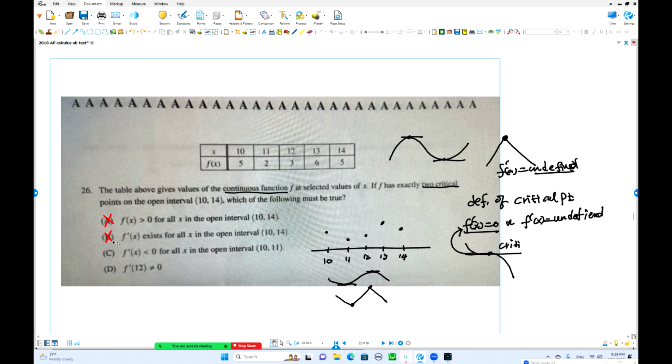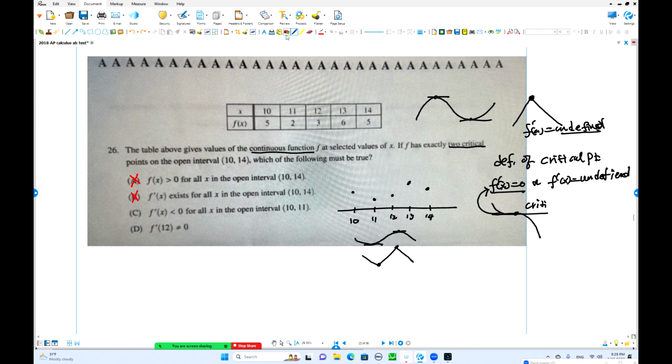Take a look at choice D. This is wrong: f prime of 12 is not 0. Where is 12?